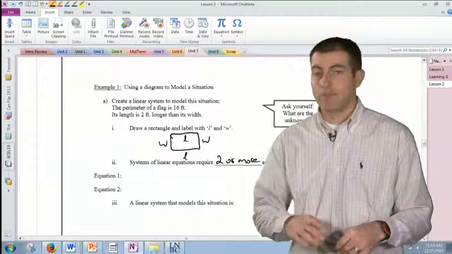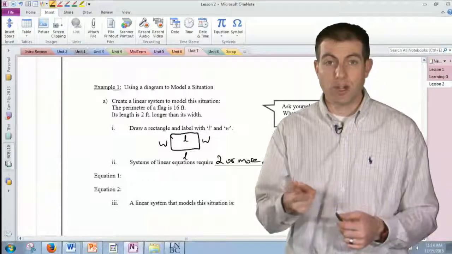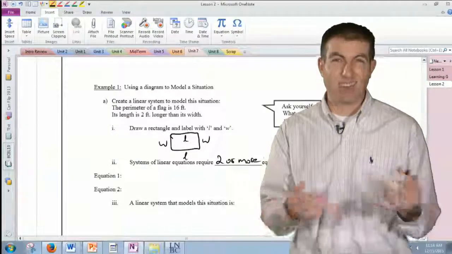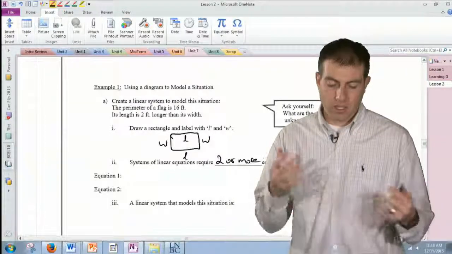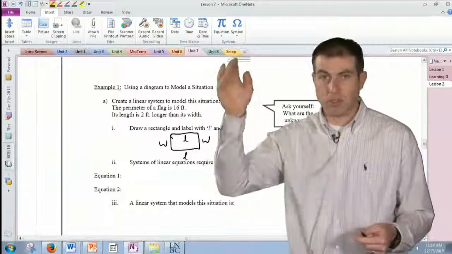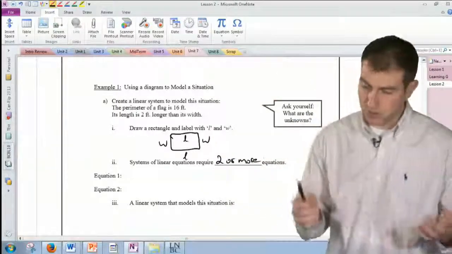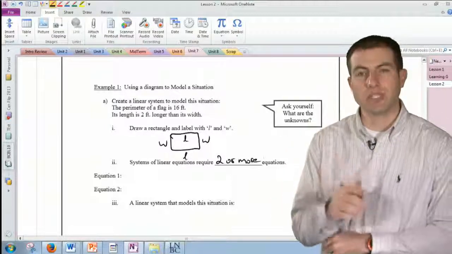The beauty of math is if you have two variables, x and y, in this case length and width, you're going to have 2 equations to solve the system. And this just extends right on through math all the way to the end of university. This is really true. So let's try to figure out a couple of equations from the information we're given.